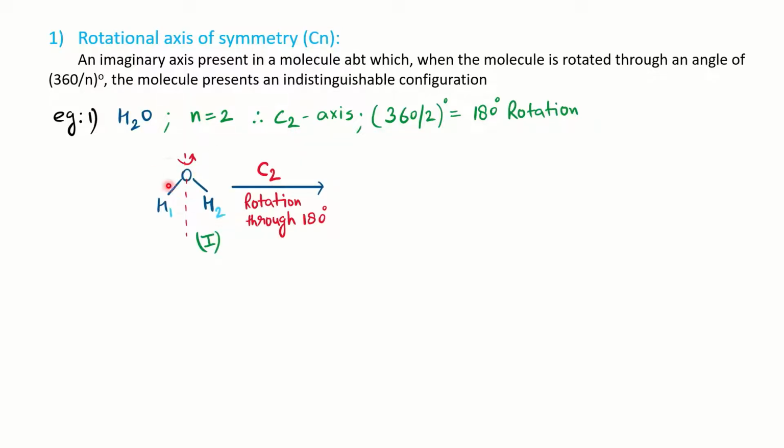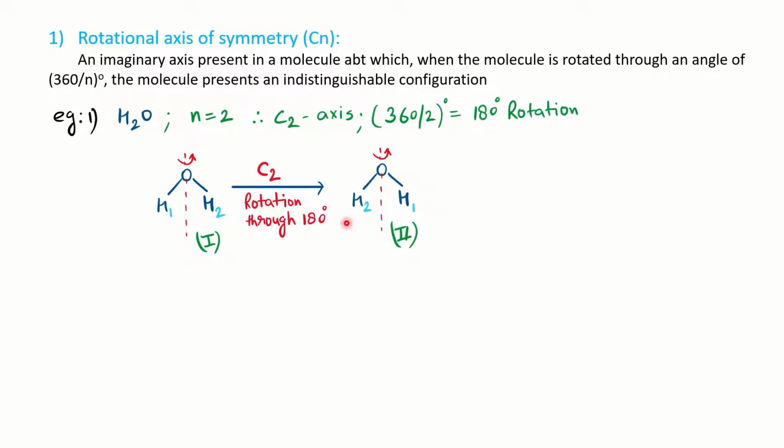How? This is the shape of the water molecule, and to distinguish the 2 hydrogens, let's say 1 and 2. If you perform a 180 degree rotation, that is the C2 operation, and this is the axis of rotation which is imaginary, then you can see H2 will come in place of H1 and H1 will come in the place of H2.